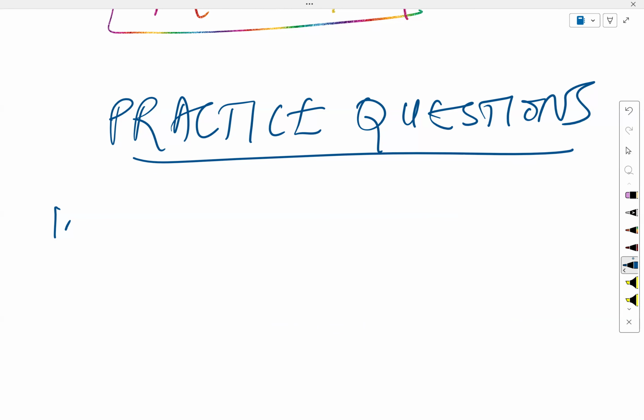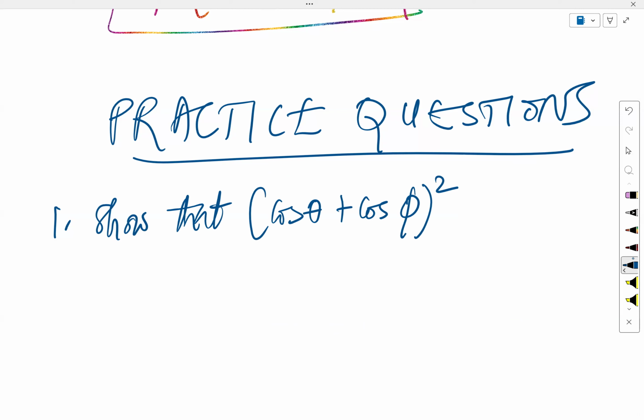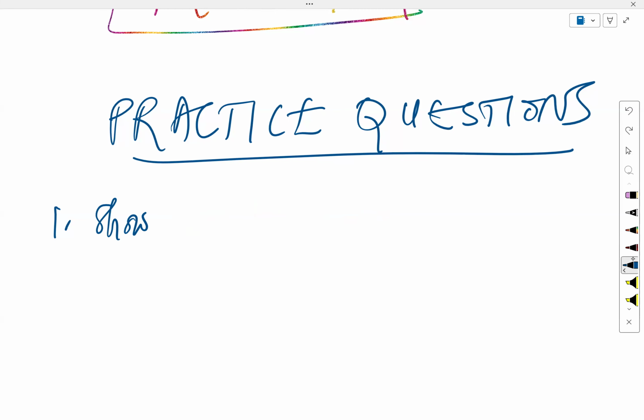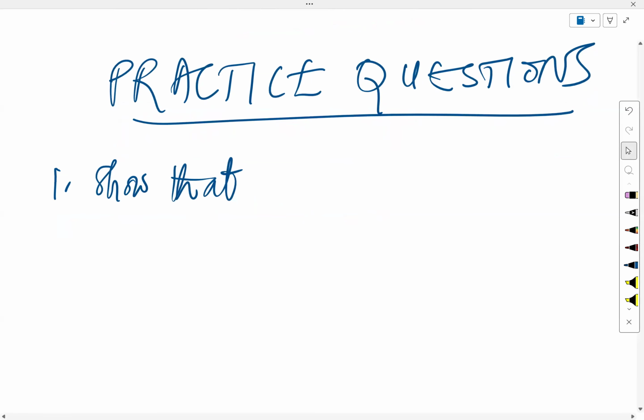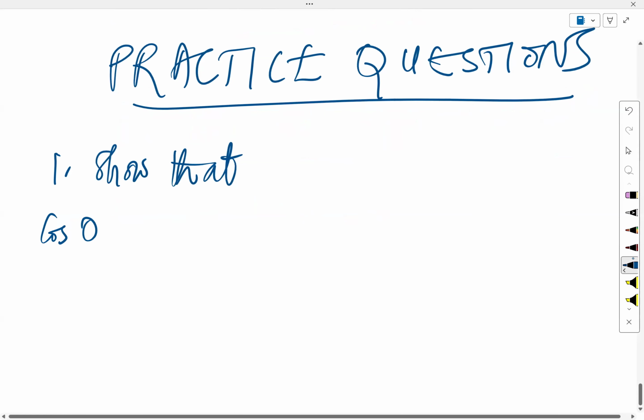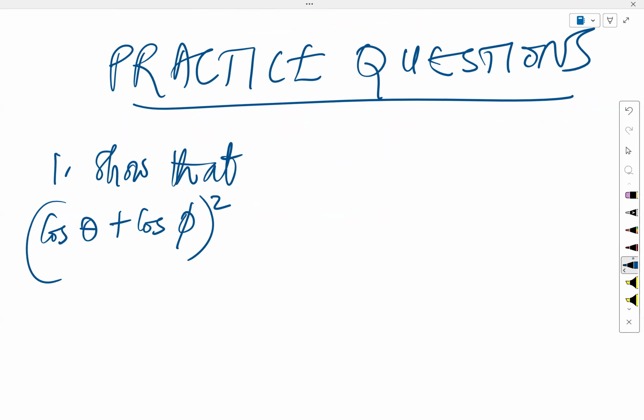You want to show that (cos theta + cos phi) squared plus (sin theta + sin phi) squared is equal to this simple expression, 2 plus 2 cos(theta minus phi). Let me bring it down so I can have enough space to write everything out.